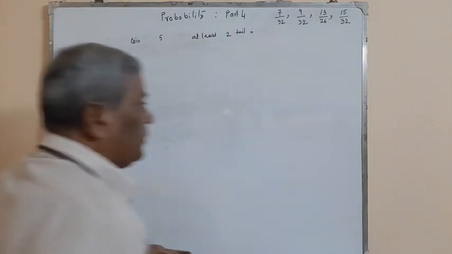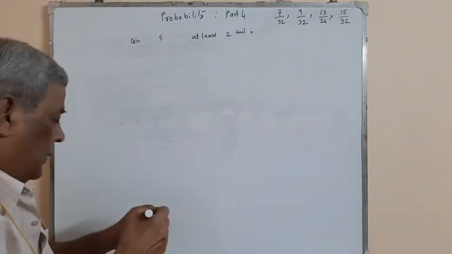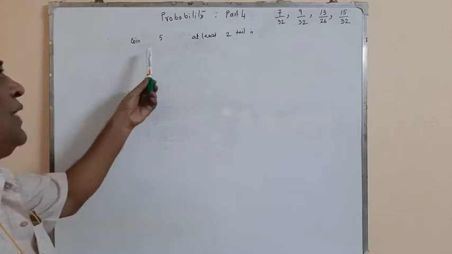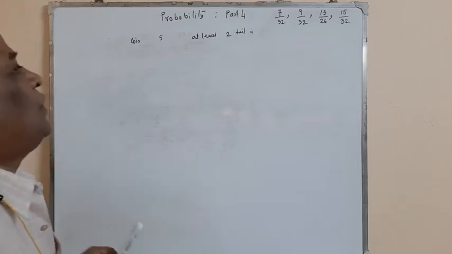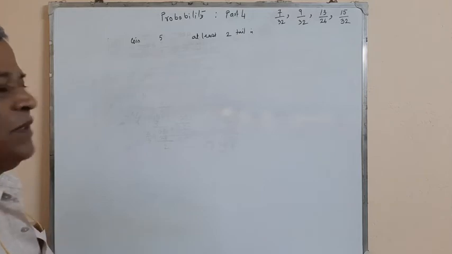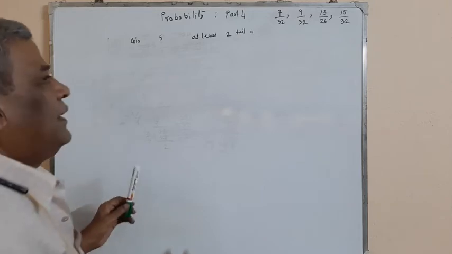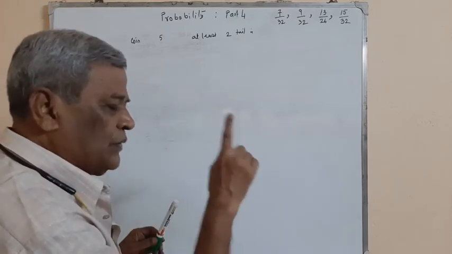I repeat the problem. A fair coin is tossed 5 times. We have to find the probability of getting at least two tails.